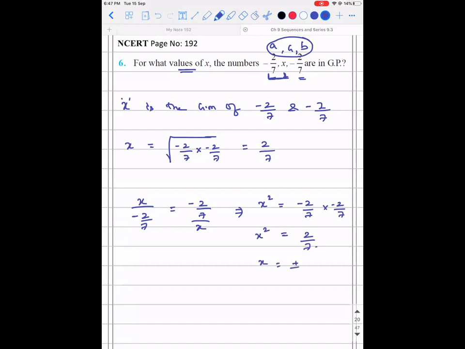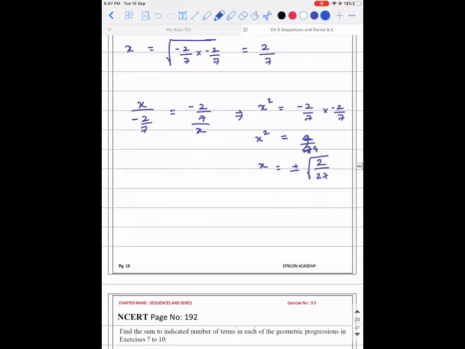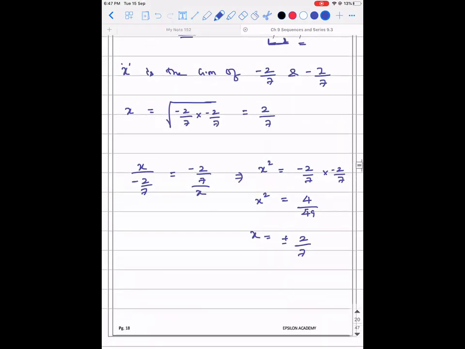Then x will be equal to plus or minus root 4 by 49, so x will be equal to plus or minus 2 by 7.